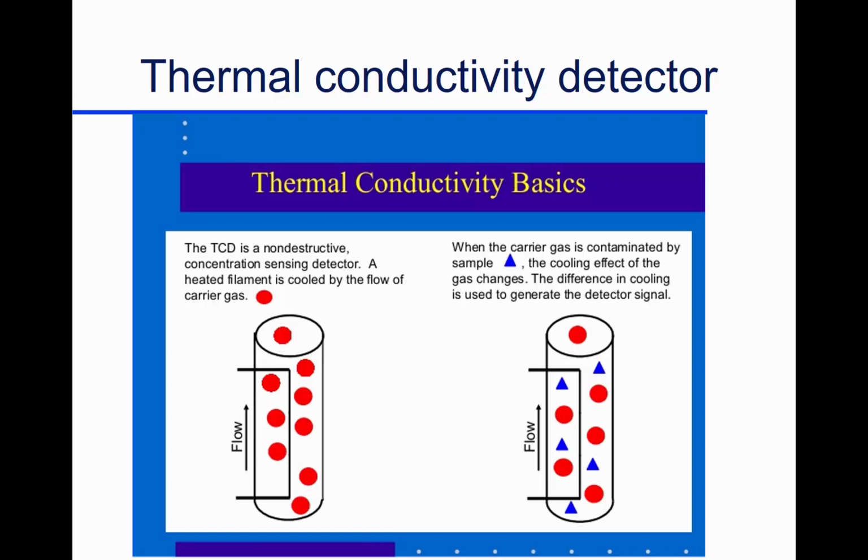If there's just hydrogen or helium, we get a certain heat transfer. If I start getting an analyte in there, I change my ability to transfer heat. I might transfer more heat when I've got some carbon-containing compounds in here. So every time an analyte comes through, it changes the heat transfer, cools that filament, decreases the resistance, and I get electrical current flow. So I'm measuring how much cooling we get of this filament.